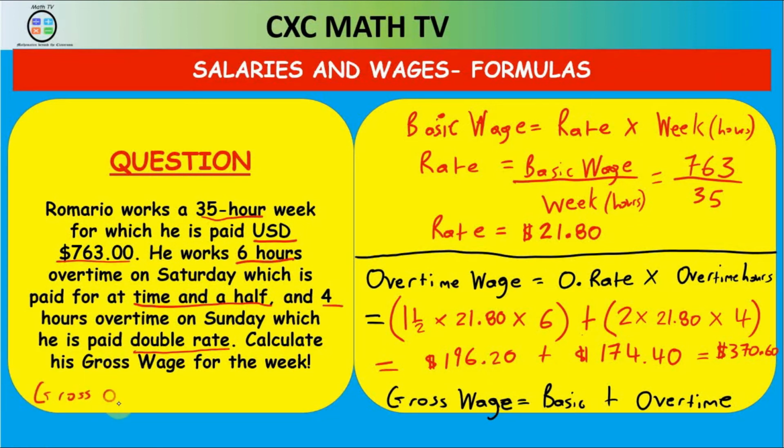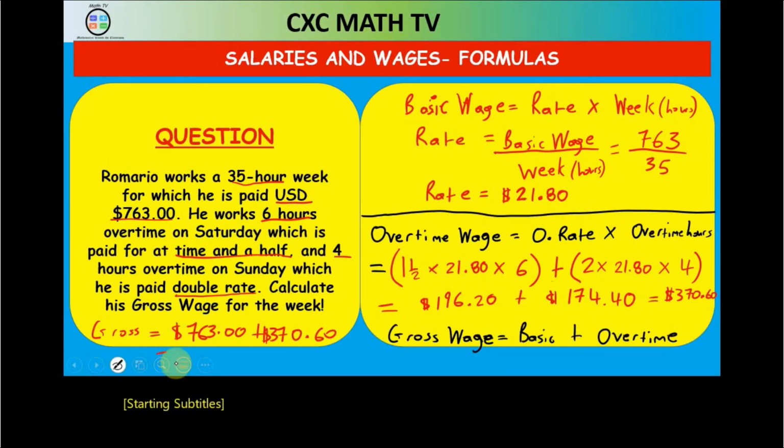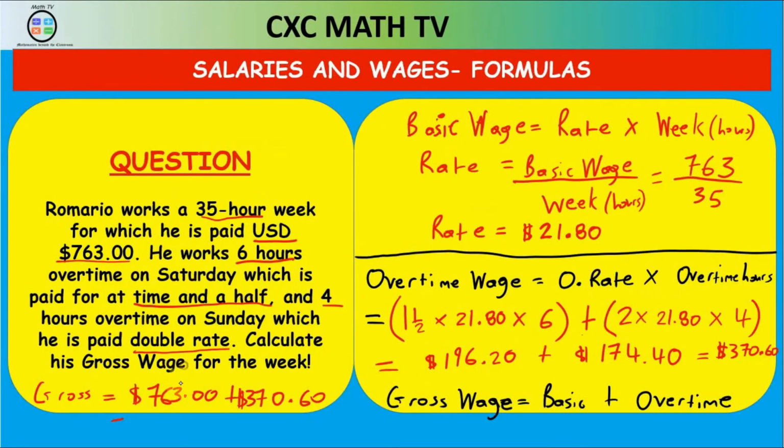So his gross wage then is just the basic wage, and the basic wage we said was $763.00 plus, of course, $370.60. So we're just going to add them and see how much Romario earns for that particular week.